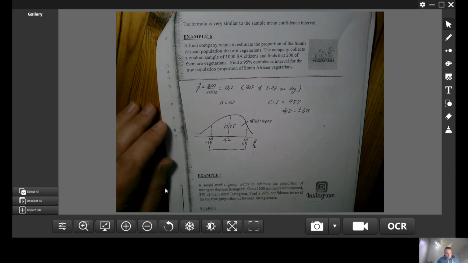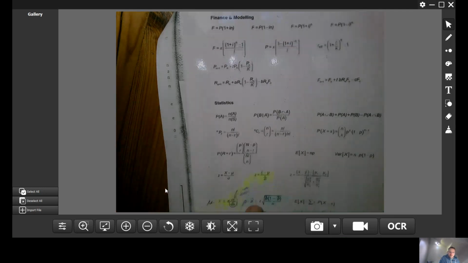And now you've got your formula sheet. There's your formula over there.